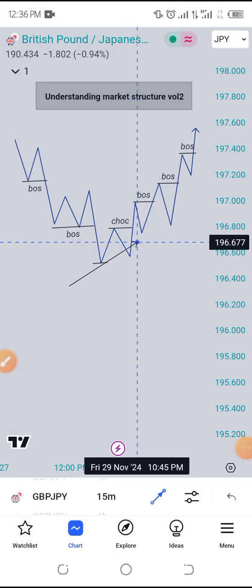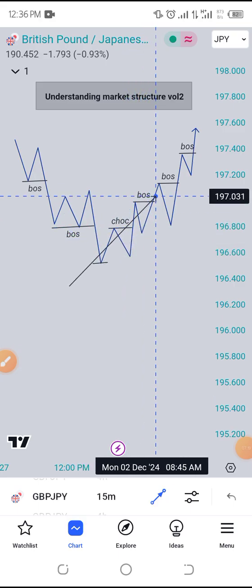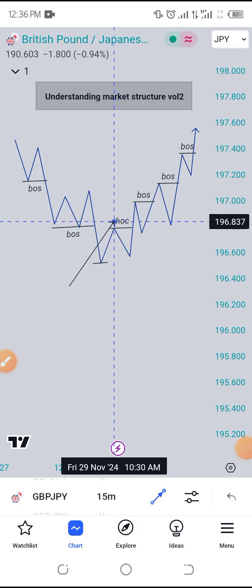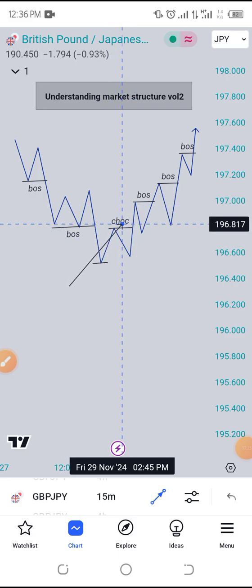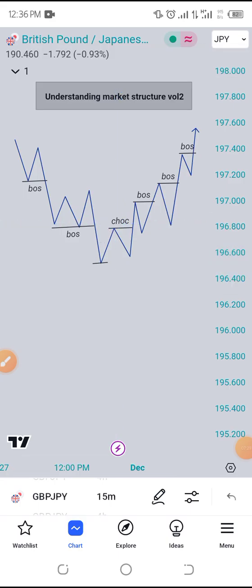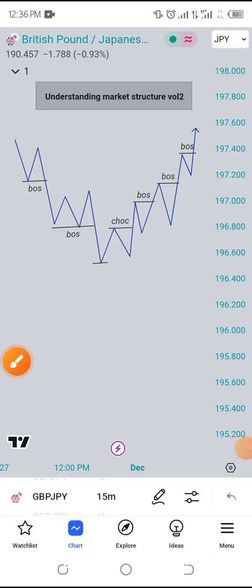Are you getting the point? As long as price did not close below this low, and it closes above this new high that has been established, we can now say this high that you see right here is our established change of character. Are you getting it? So you establish this neckline as your change of character.